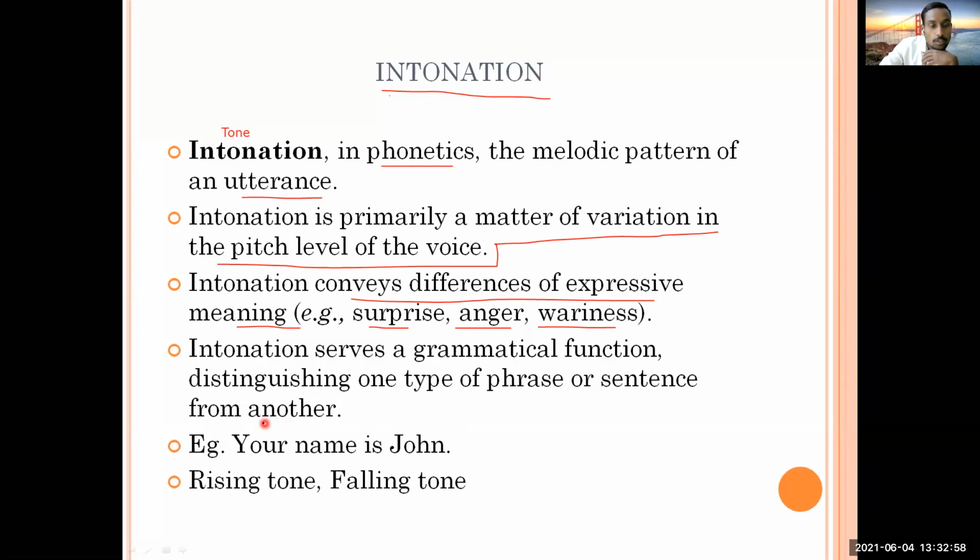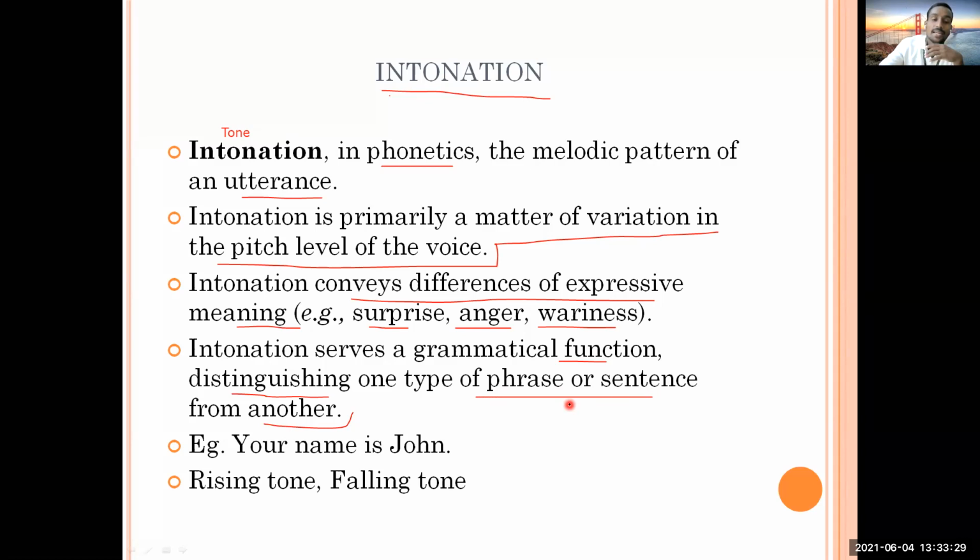So you are using it as a function. What kind of function? Distinguishing, making a difference. What kind of difference? One type of phrase or sentence from another. You are not using the same kind of voice for all your speech. Whatever you speak, you are not going to use the same kind of tone for your entire speech.